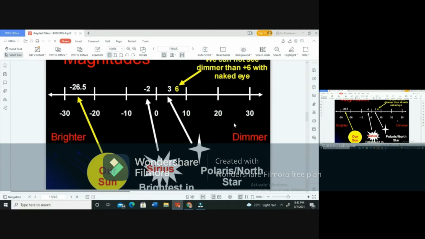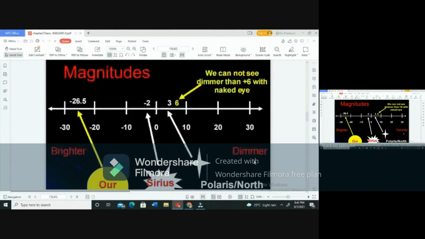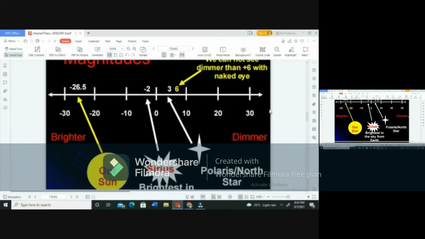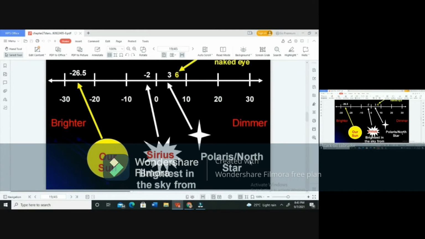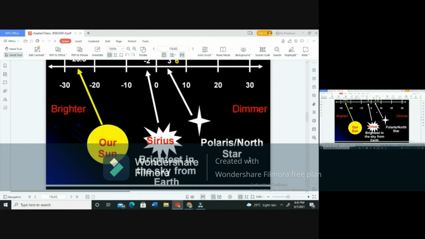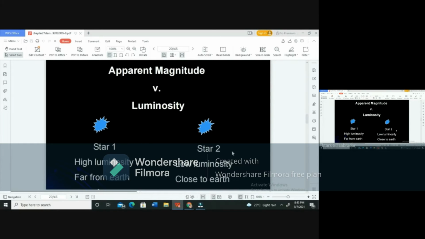So marami din palang stars that we cannot see, because they are dimmer. But we can see Polaris, the North Star, kasi positive 3 siya. Another one is Sirius, the brightest in the sky from the Earth.